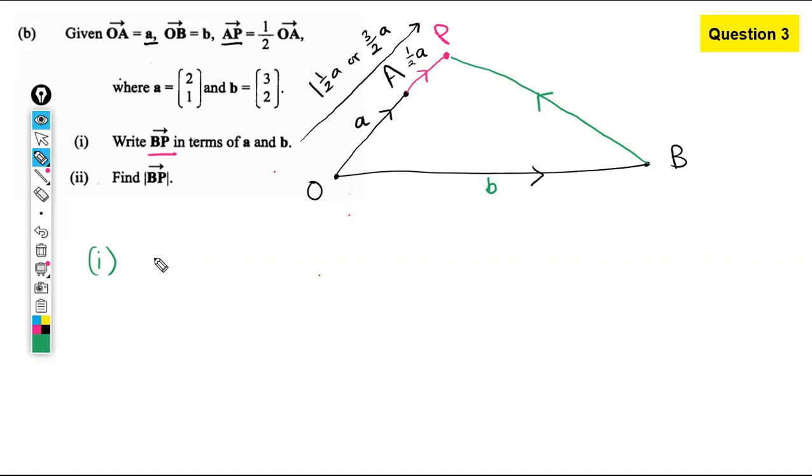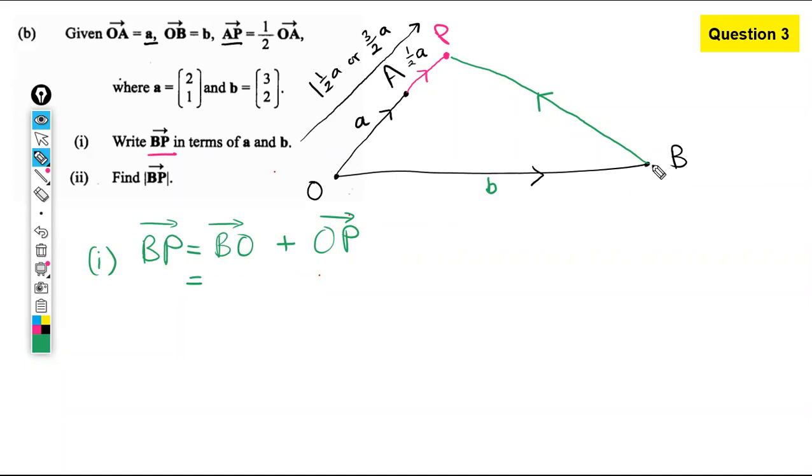So let's write down the plan for the examiner. To walk from B to P, the plan is to walk from B to O and then from O to P. Keep in mind, when you walk against an arrow in vectors, the value becomes the opposite.